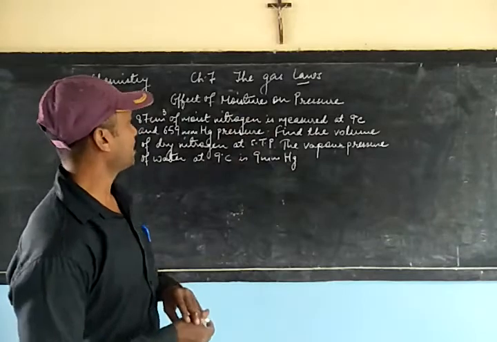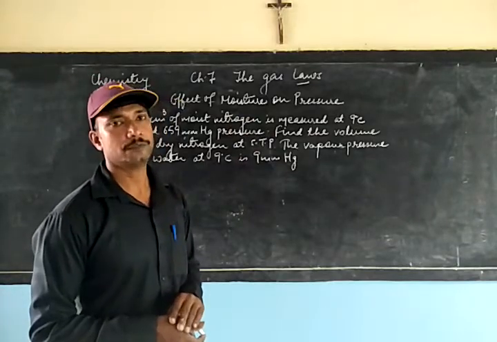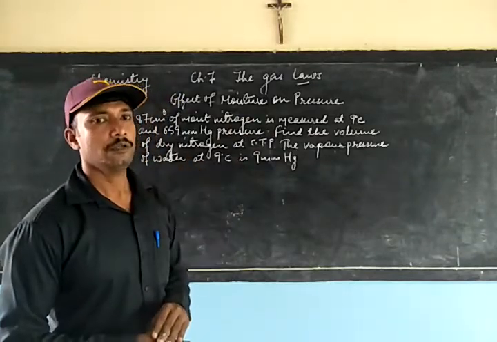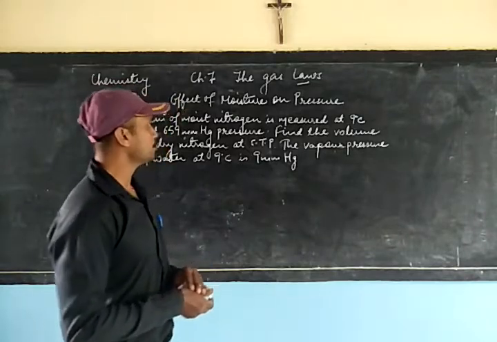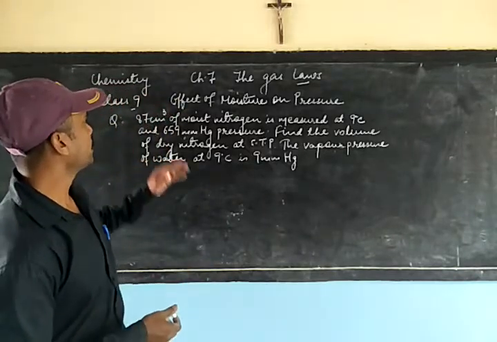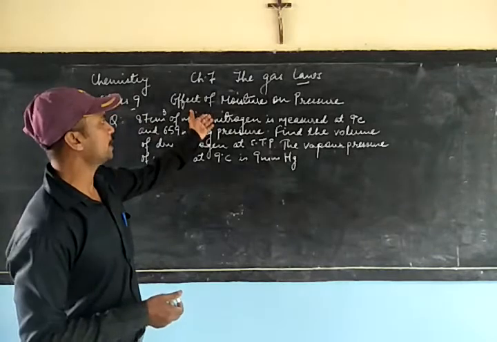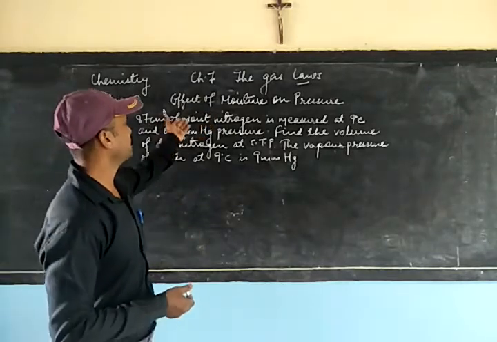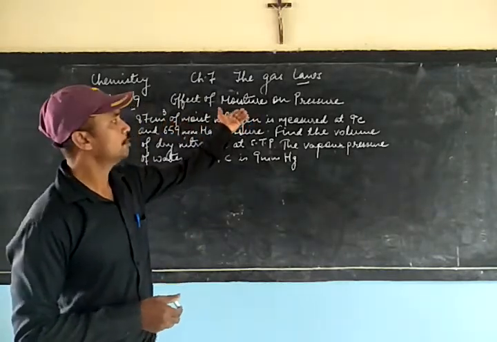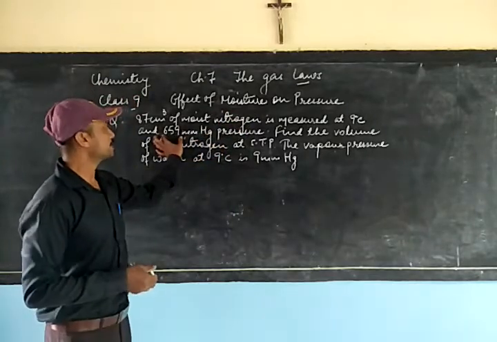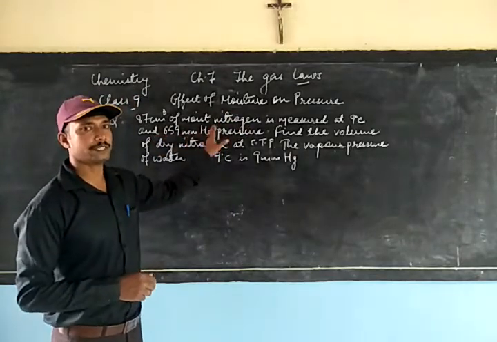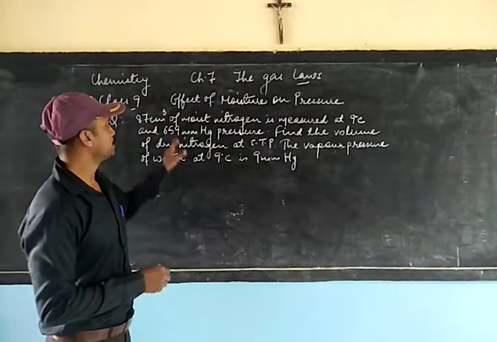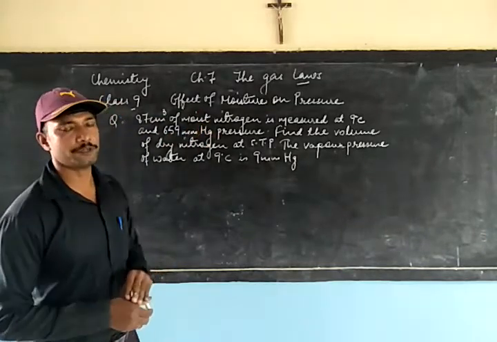Find the volume of dry nitrogen at STP. So you are asked to find out the pressure due to dry nitrogen, and since this nitrogen is collected over water, it is a moist nitrogen given. So the pressure 659 millimeter mercury is the pressure of moist nitrogen.